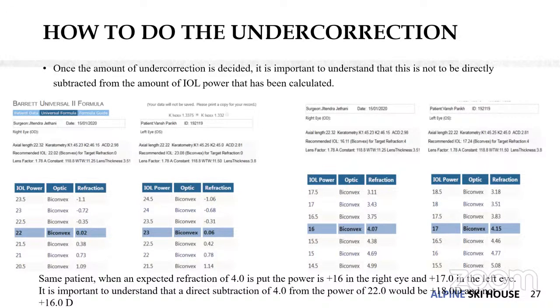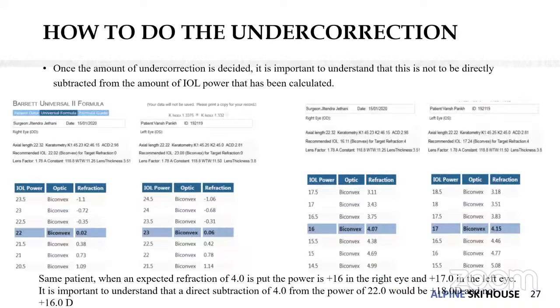So we cannot directly subtract from 22. The post-operative refraction is 4 diopter, so in the right eye 16 diopter and in the left eye 17 diopter is the outcome. Otherwise, we can put 18 diopter or 19 diopter. The post-operative surprise may be 2 diopter.